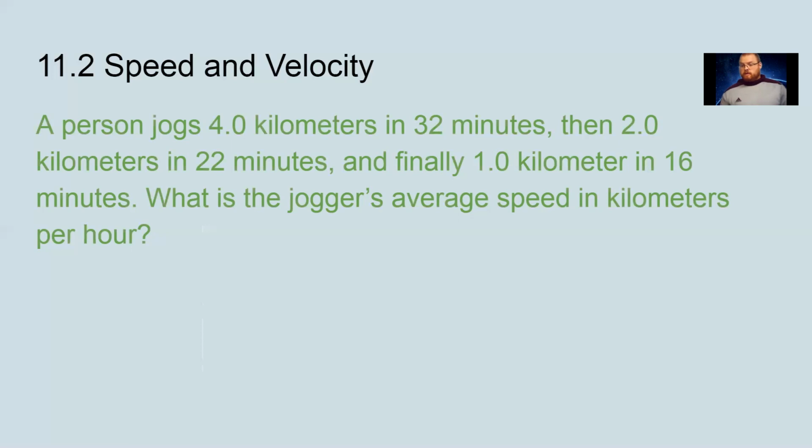Now we need to know the total amount of time that they spent jogging. So we end up with 32 minutes plus 22 minutes plus 16 minutes, which should equal 70 minutes.